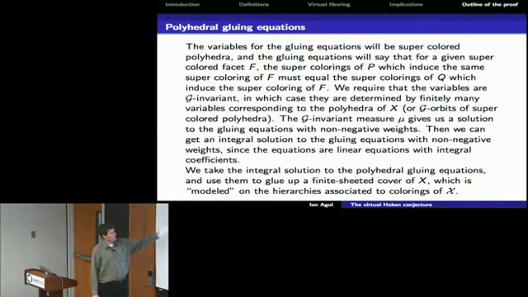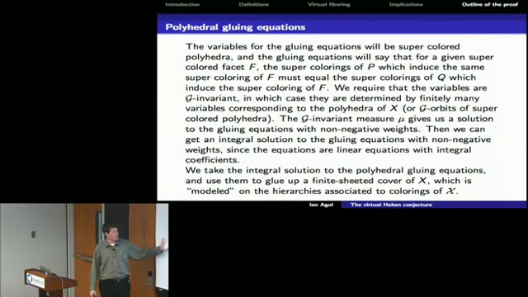So I take these representatives, and then I get these polyhedral gluing equations, and everything is G invariant. So each face will be contained in precisely 2 polyhedra up to the action of G, and then I have these weights on the supercolored polyhedra and the supercolored faces, and what the G invariant measure gives us is some solution to these equations with non-zero weights, but there'll be some real numbers potentially, because it's just a probability measure.